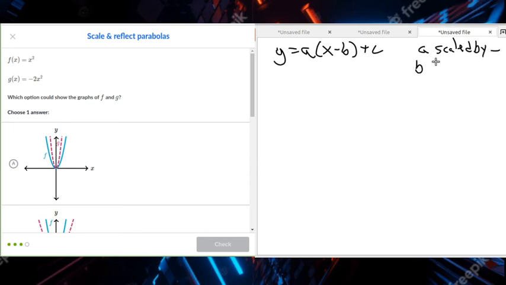B means we move in the positive x direction by some amount, and c means we move in the positive y direction by some amount. So here you can see, again, b is 0 and c is 0, but a is negative 2.